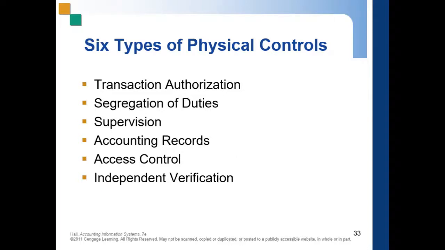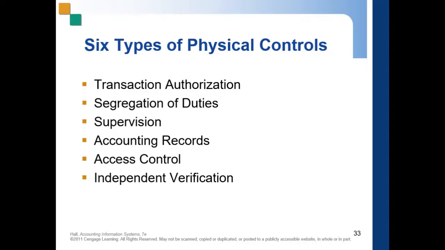Now, let's go to the 6 types of physical controls. Physical controls relate, again, as mentioned, primarily to the human activities employed in the accounting system. These activities may be purely manual, such as physical custody of assets, or they may involve the physical use of computers to record transactions or update accounts.